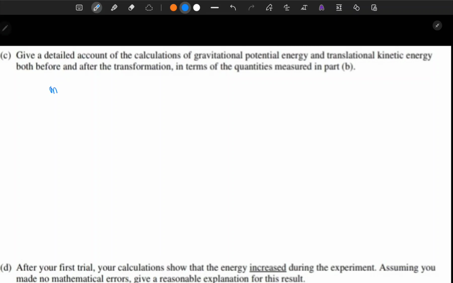So we let m be the mass. Then, initially, at the top of the hill, the kinetic energy is equal to 0 because the cart is not moving. And the gravitational potential energy, Ug, initially at the top of the hill, is at its maximum value. That is, it's equal to mgh, where h is the height of the hill.